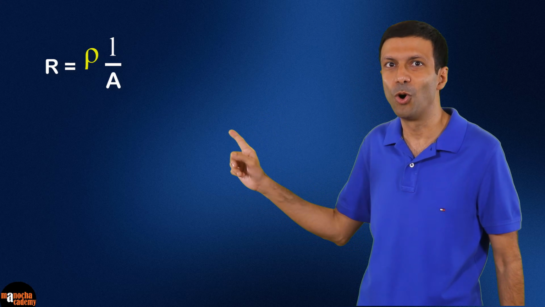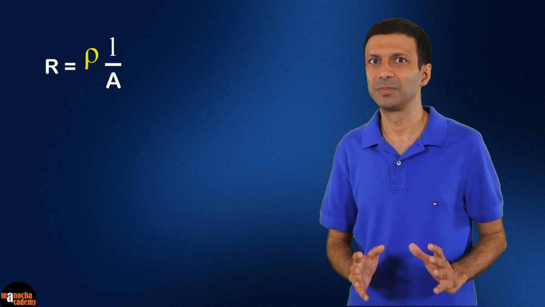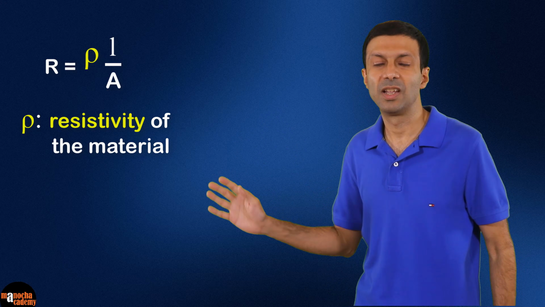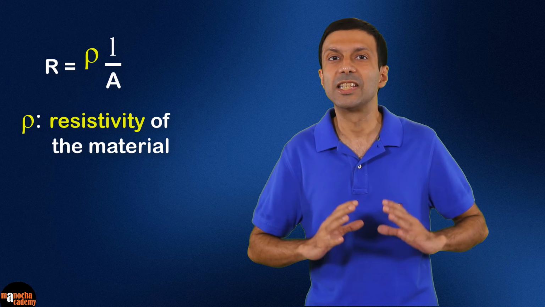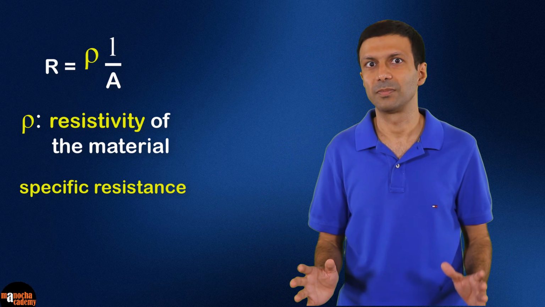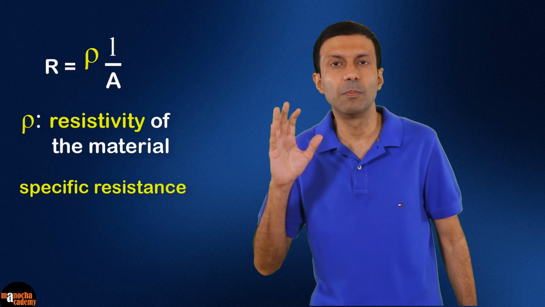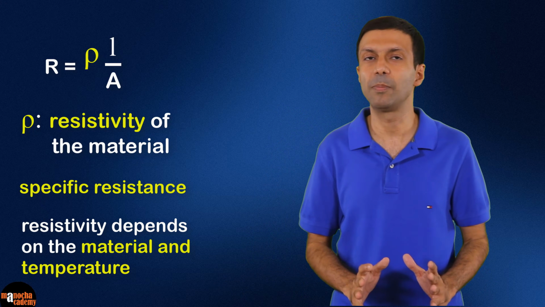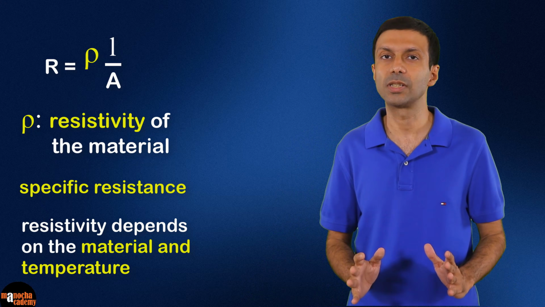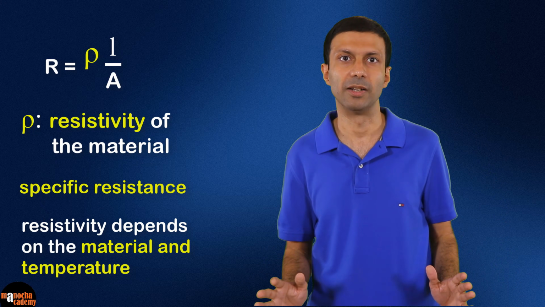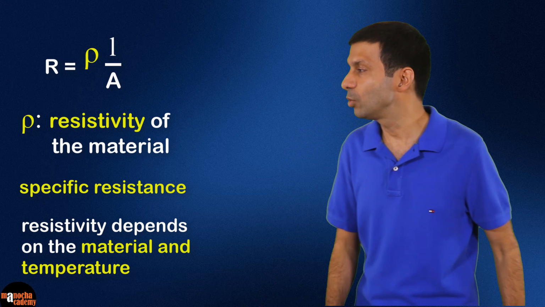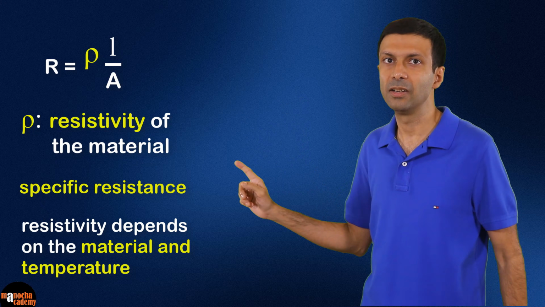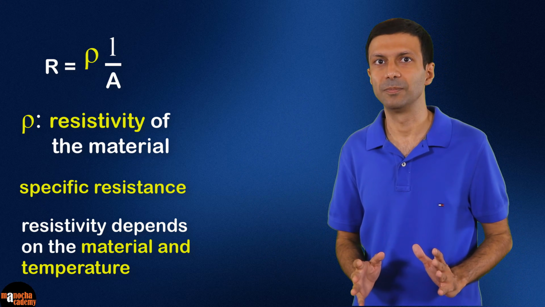And the constant rho looks like a P and is called the resistivity of the material. Resistivity is also called specific resistance, and resistivity depends on the material and the temperature of the wire. It does not depend on length, area of cross section or the shape of the wire. Now we can use this formula that we have, R equal to rho L by A, to define resistivity.